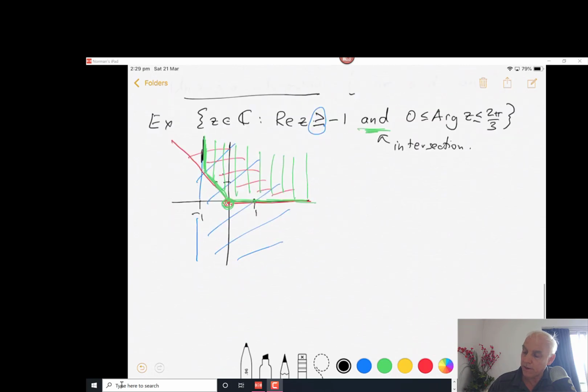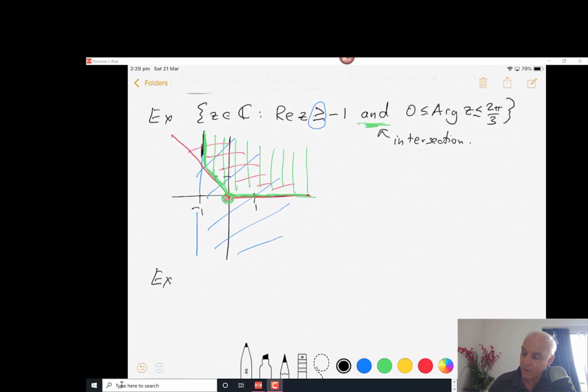Let's do one example like that. So example, suppose we have a set of z in C such that the absolute value of z minus 3i is less than 1, or, what else? Maybe arg of z plus 2 is equal to pi by 2.